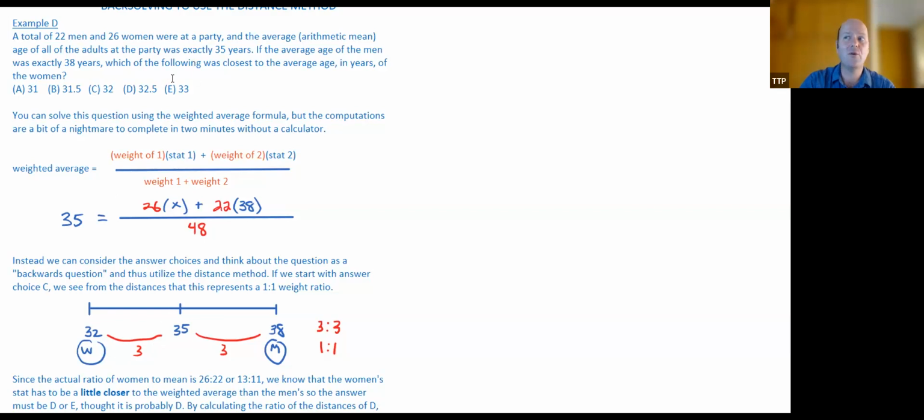Okay, now all that remains to do is to test D and E to see which one is going to give a ratio of distances that's closest to the weight ratio of the problem. Okay, so let me do this over on the side here. Let's do the 32.5, the 30, getting ahead of myself, the 35 and the 38.